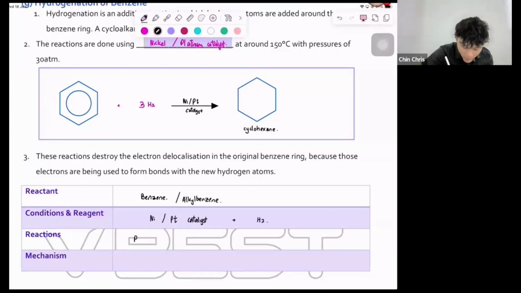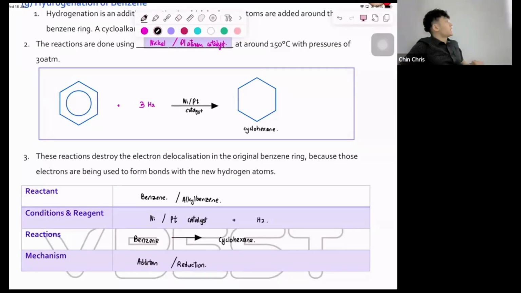From a benzene, I add H2 and it's going to turn into a cyclohexane. Mechanism: addition reaction, or reduction reaction, both are considered okay.